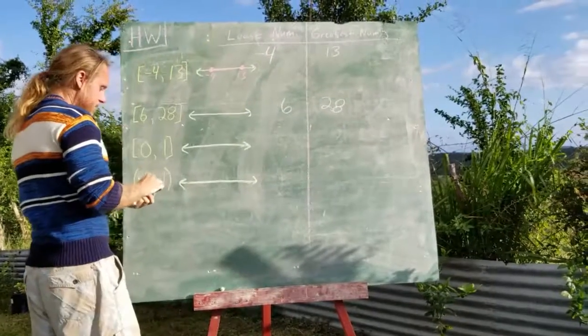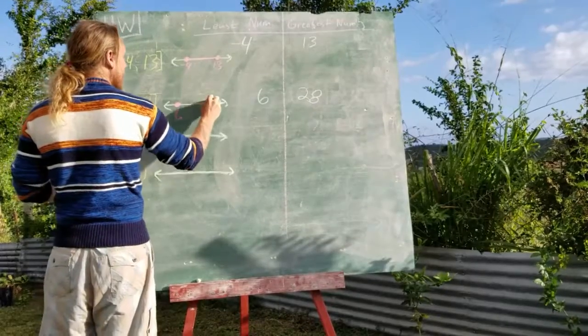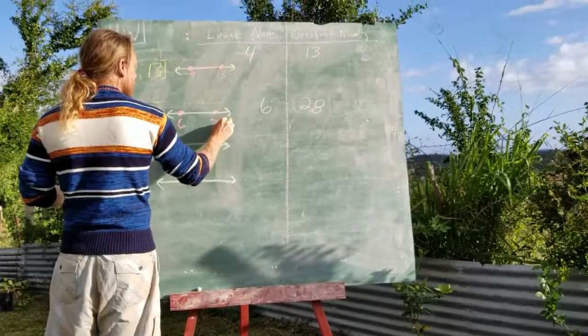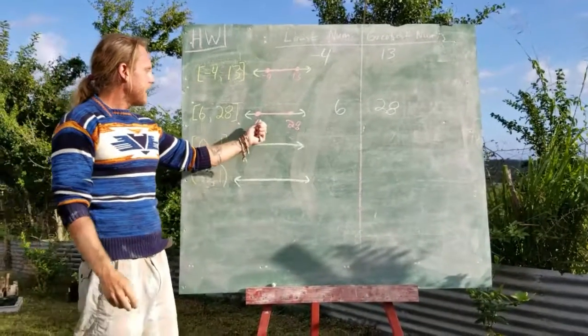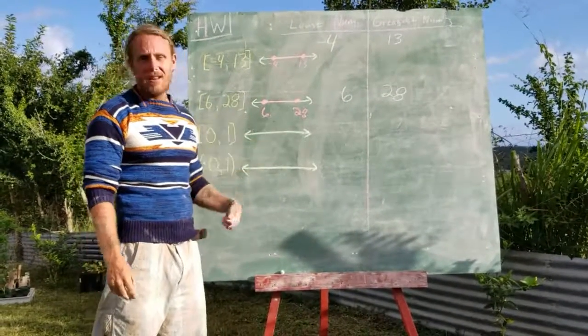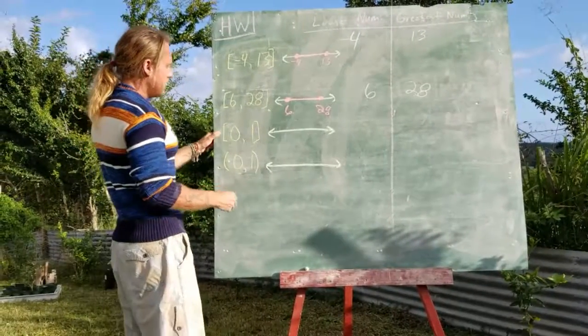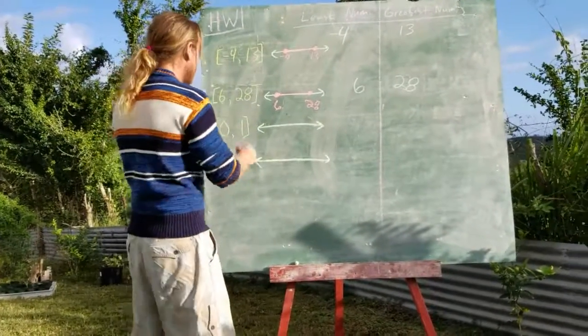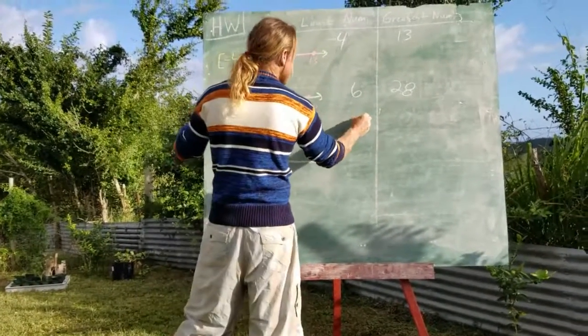Let's graph it just, for practice, if nothing else. So we have 6, we have 28, all of the numbers in between. Is there a number less than 6 and greater than 28? No, we're good. All right, one more. Between 0 and 1, is there a number smaller than 0? No, so 0 is our smallest number.